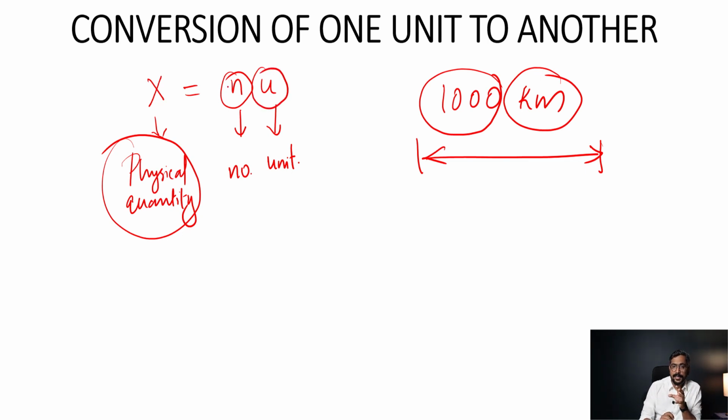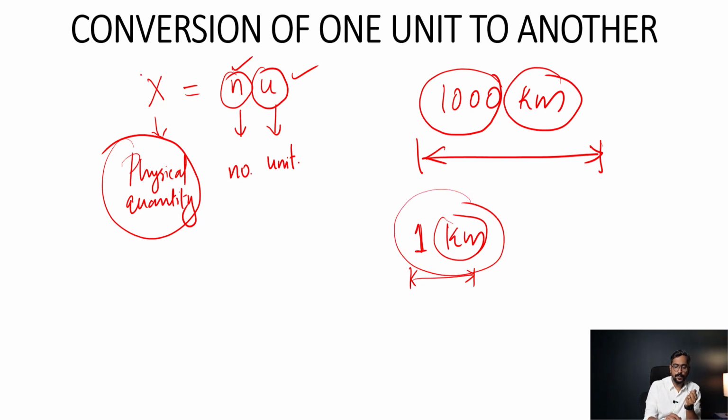Or simply, if I say 1 kilometer, 1 is the number and kilometer is the unit. So both terms comprise this physical quantity.